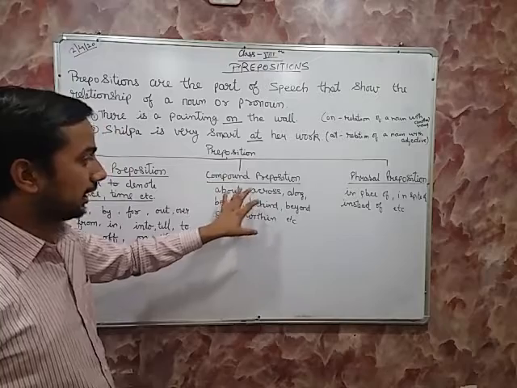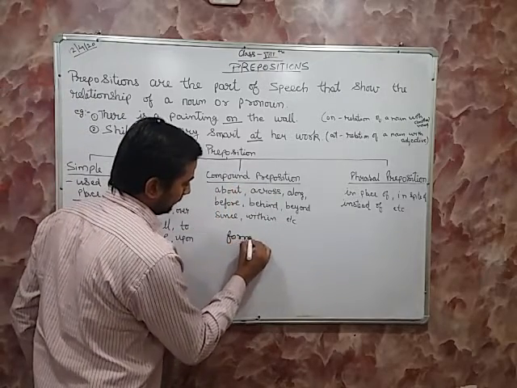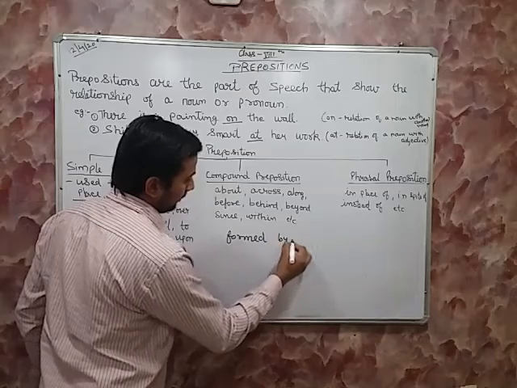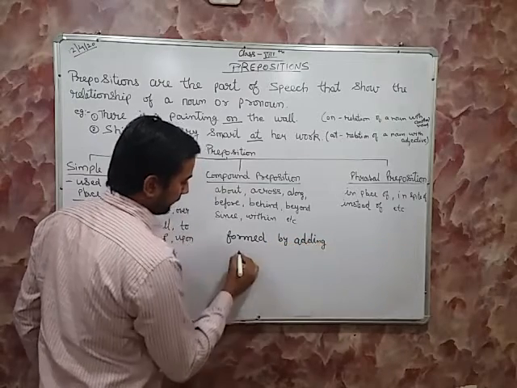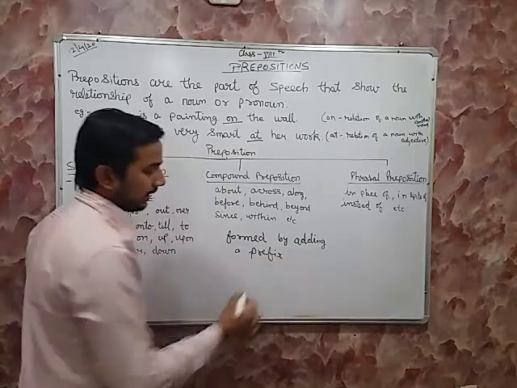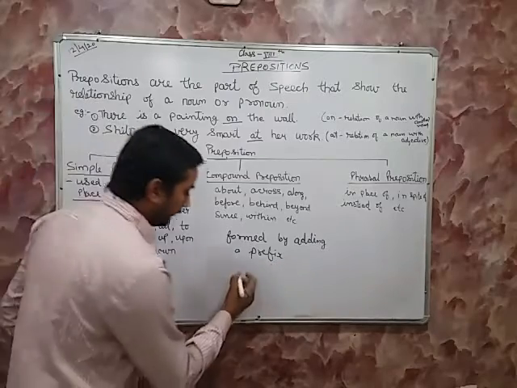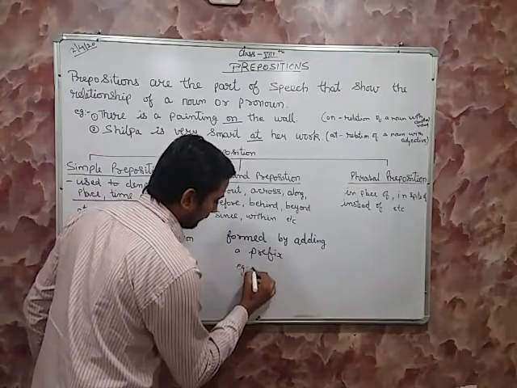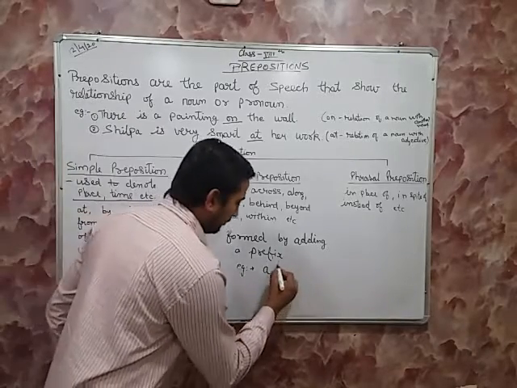Compound prepositions are those prepositions which are formed by adding a prefix. When we add a prefix, that means a particular letter or word at the beginning. Like for example, I take a or b.